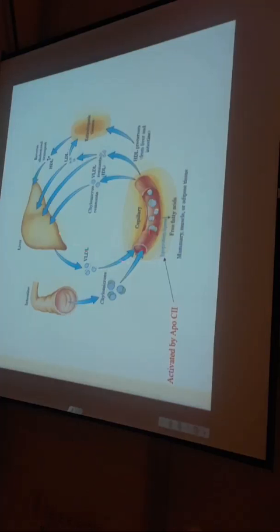We can remove free fatty acids, we reduce the content of triacylglycerols, and we form remnants of these very low density lipoproteins that can also be called intermediate density lipoproteins. And these can be further converted into low density lipoproteins.